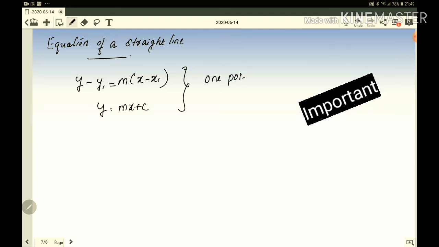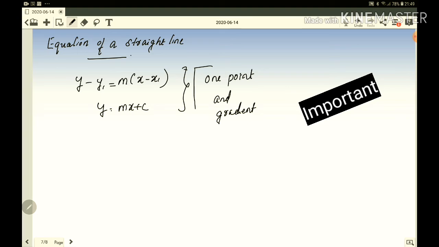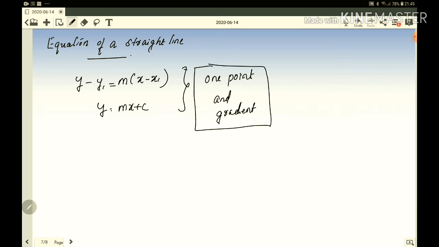It's very important. If you want to find the equation of a straight line, on that line you need one point and its gradient. That is the minimum requirement for finding the equation of a straight line. You understand, if one point on a straight line and its gradient are given, then you can find the equation of a straight line.